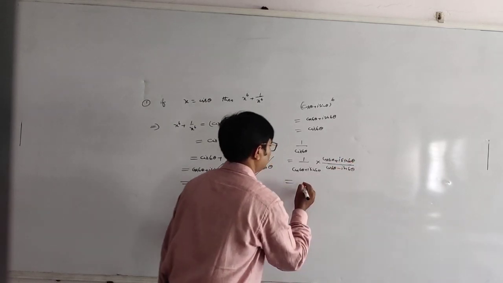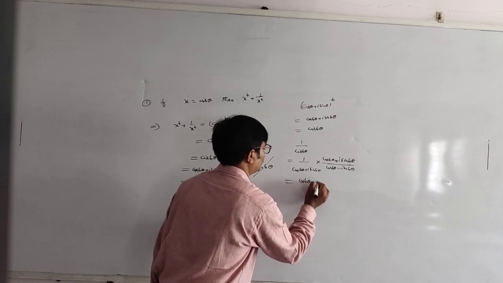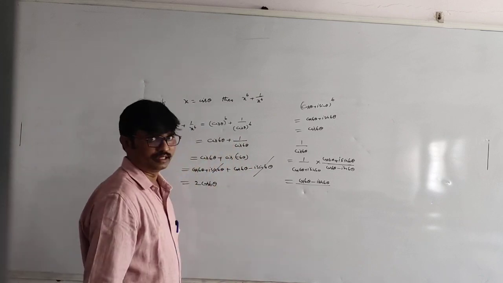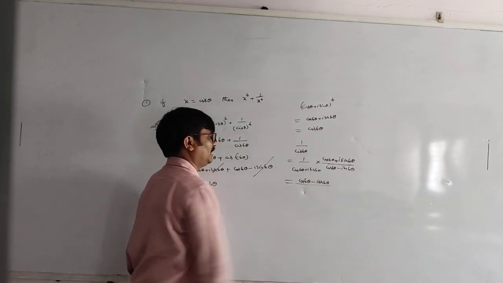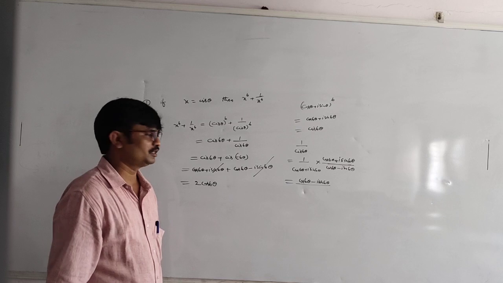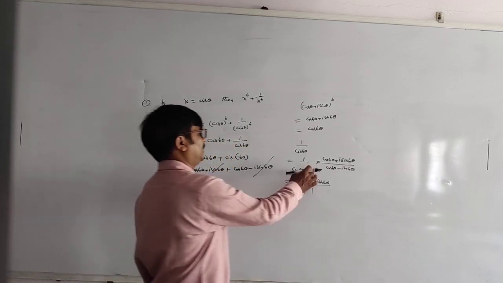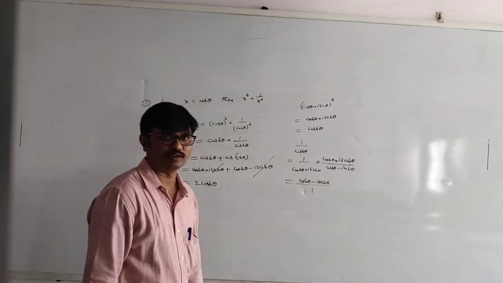In the denominator, a plus b into a minus b is a square minus b square, that is 1.